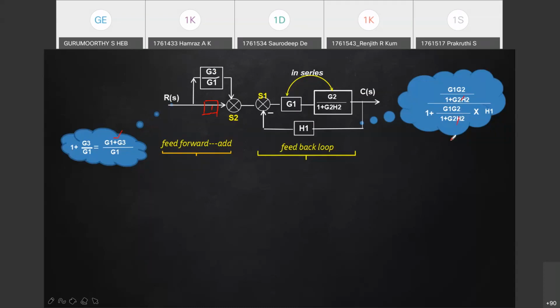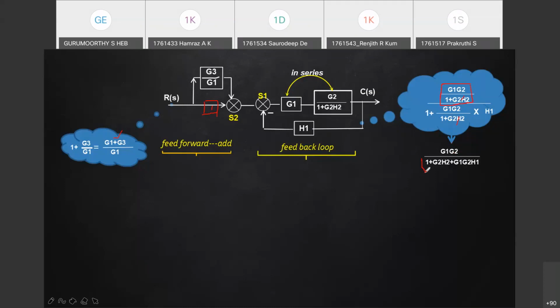So you get it as G1, G2 times 1 plus G2H2, plus G1, G2, H1. As I said, keep this particular term as it is: G1, G2 divided by 1 plus G2H2 up to here.